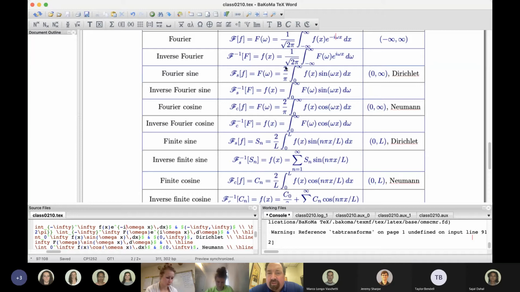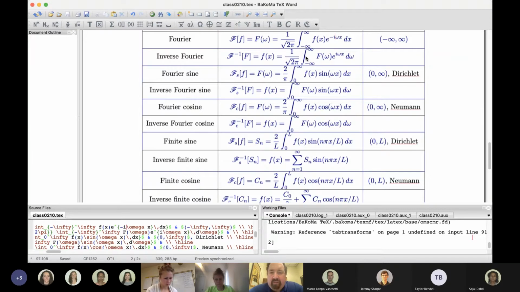And notice that the formula for a transform and its inverse are very similar. Like here, if I want to take capital F and inverse transform back to recover little f, notice the only change here, I have a minus sign here, but not here. It's still integrating from minus infinity to infinity. We have a scaling factor of 1 over square root of 2 pi.